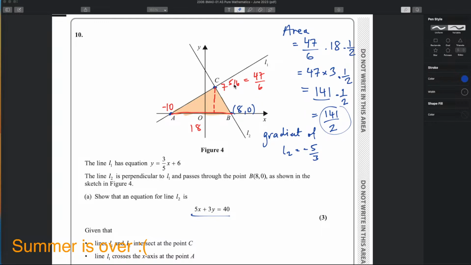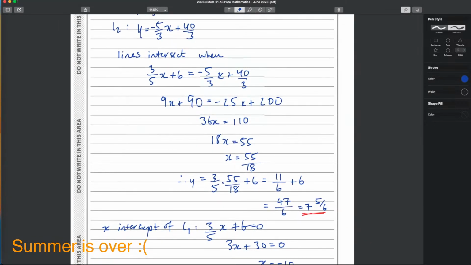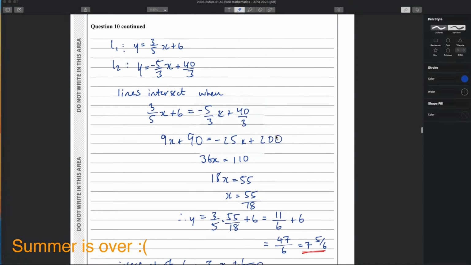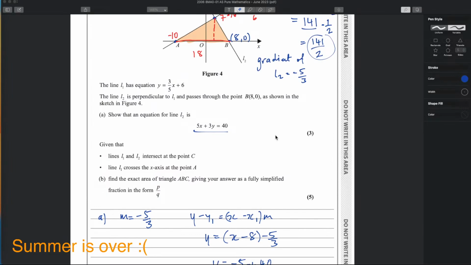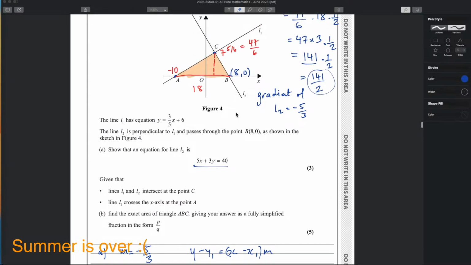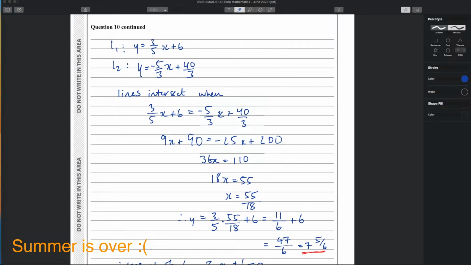So there's the height. The height is not 8.25. It's 135 over 17 apparently. So it's just annoying arithmetic errors, I think. Unless the mark scheme's wrong. The mark scheme can always be wrong, you know. But probably not.